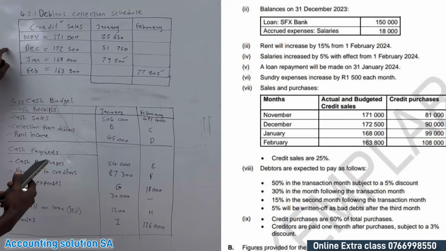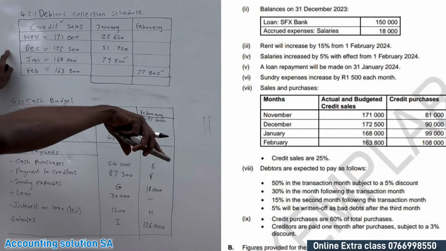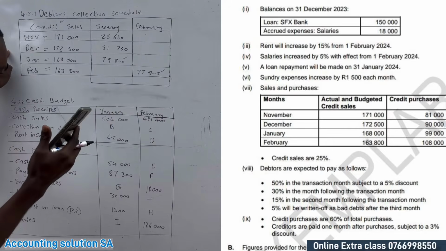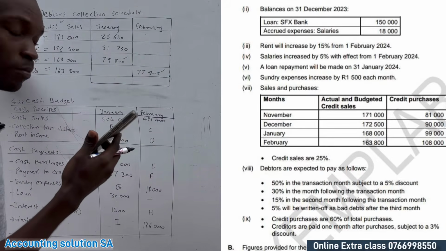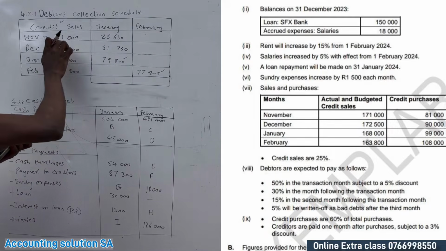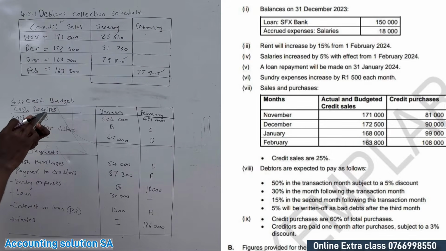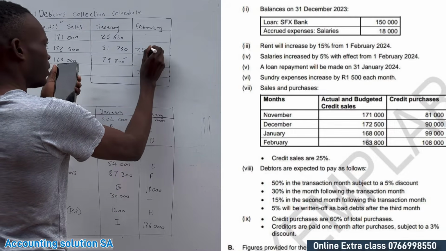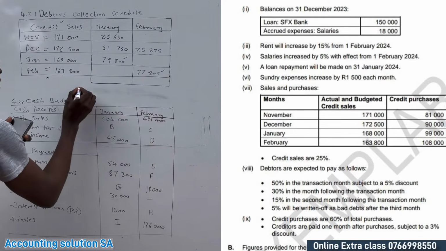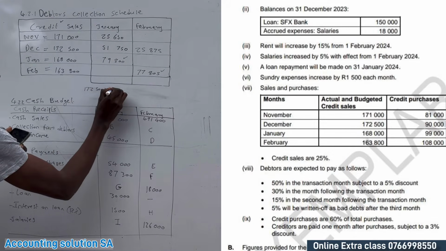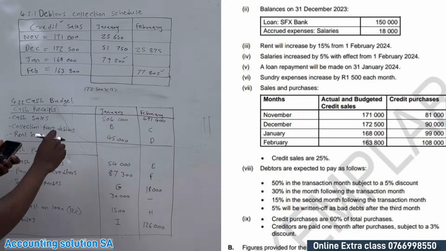Then again, December after 2 months is February. From December, we're going to have January and February. After 2 months, they say we're going to collect 15%, which means 172,500 multiplied by 15% gives you 25,875. Why?